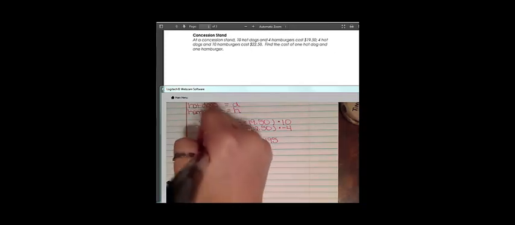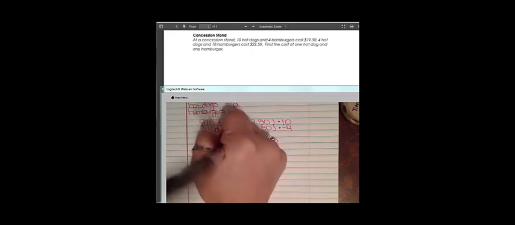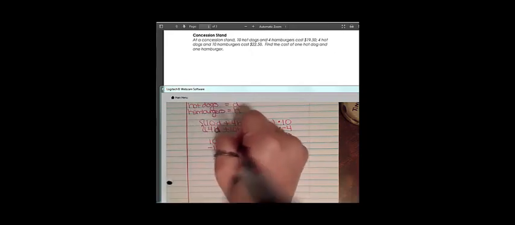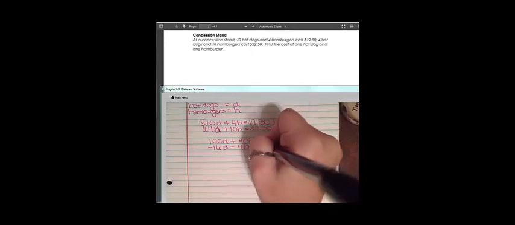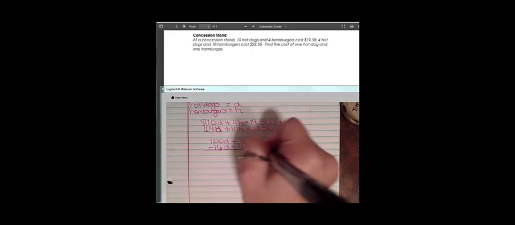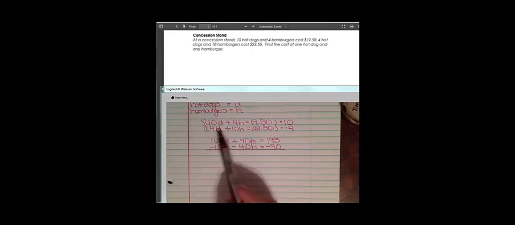Multiplying by negative 4 on the bottom, I get a negative 16D minus 40H equals a negative 90. Again, you could have multiplied by a negative 10 on top, or you could have chosen to get rid of your D's instead of your H's. There's a lot of options to do on this problem, but I decided to get rid of my H's, and those are all going to go away.